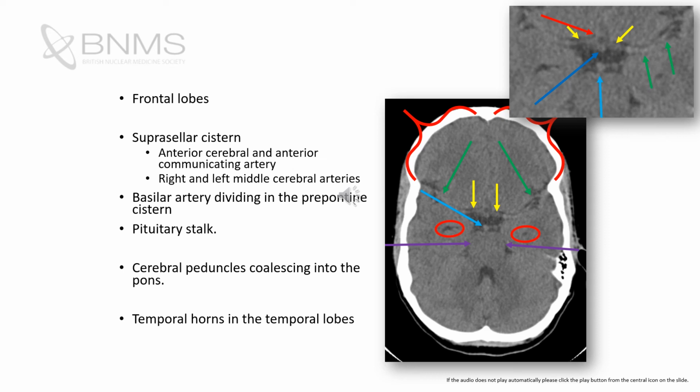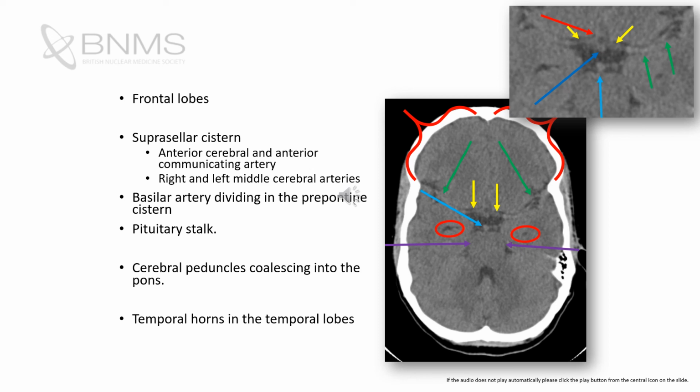These are branches of the internal carotid artery, which is going to form the anterior cerebral artery and the middle cerebral artery. And we can see the middle cerebral arteries coursing towards the sylvian fissures on both sides.